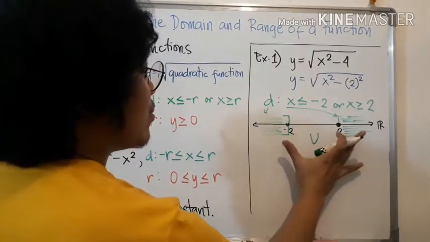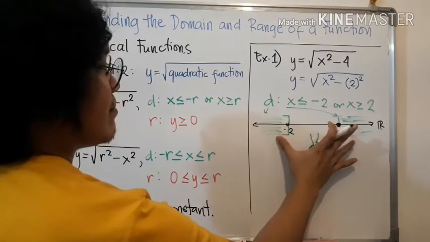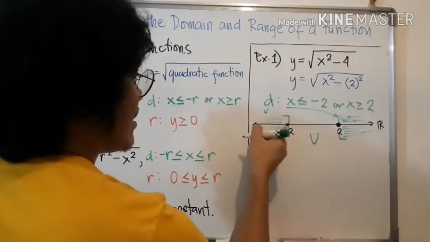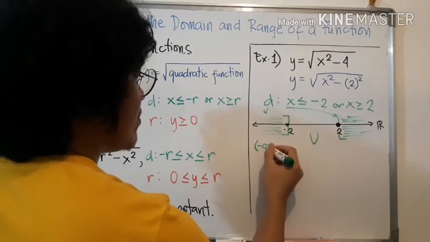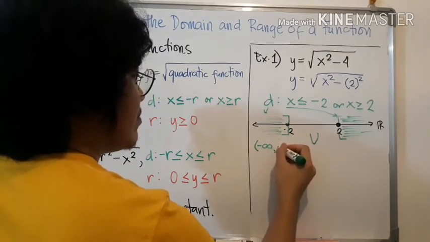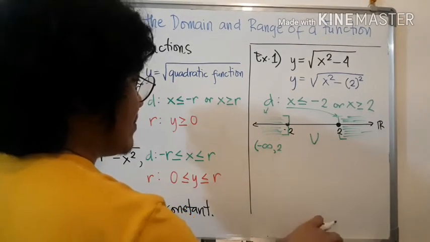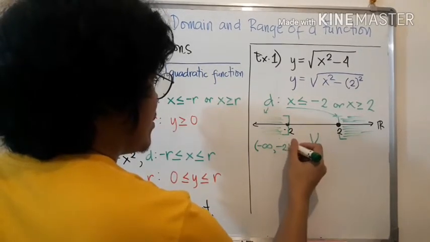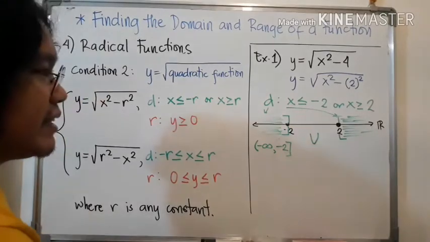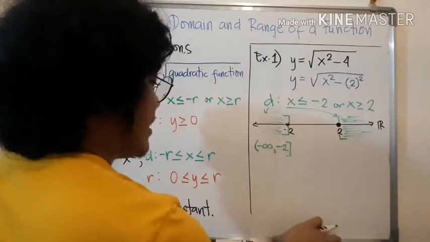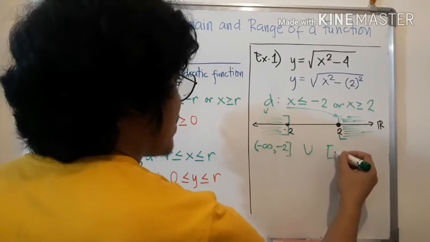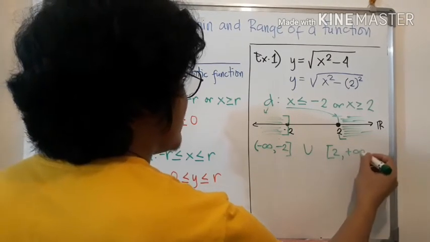So our domain is the union of these two intervals. We can write it as negative infinity to negative 2, then union, positive 2 to positive infinity.